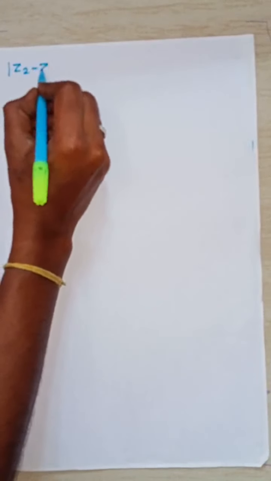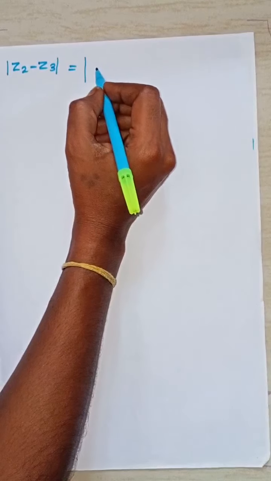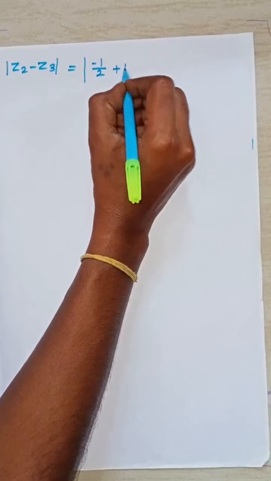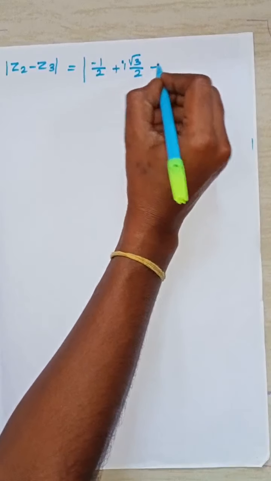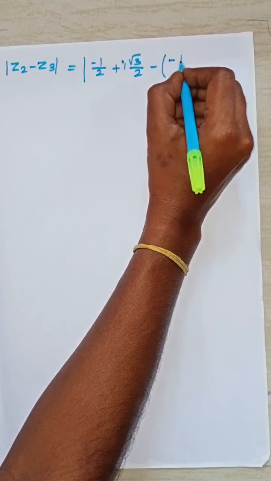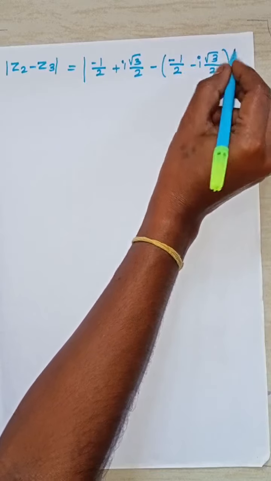Next, modulus of Z2 minus Z3. Z2 value is minus 1 by 2 plus i root 3 by 2. Z3 value is minus 1 by 2 minus i root 3 by 2.